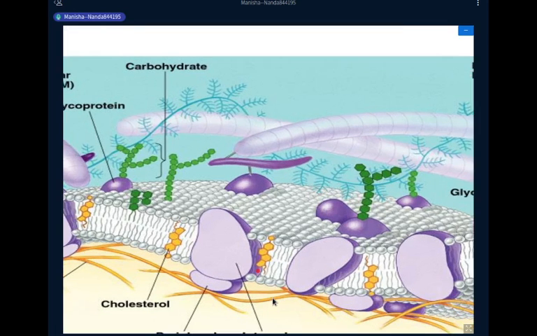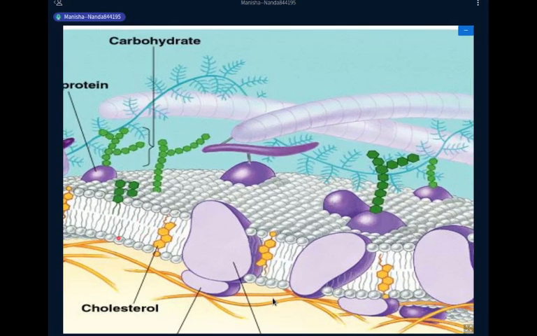Now again, I'll just move to this diagram. Now you see, this yellow part represents the interior of the cell, that is the cytoplasm, right? Whereas this blue part is representing the extracellular space, anything that is outside the cell.